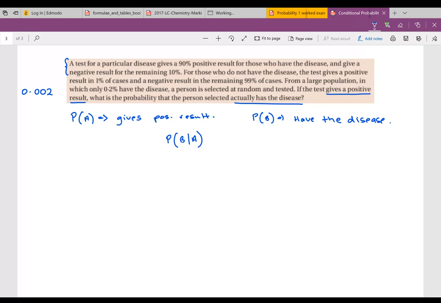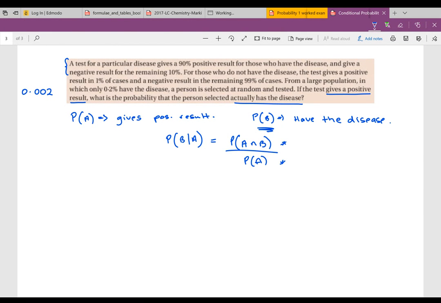So I'm not looking for the probability of B, I'm looking for the probability of B given A, given that there is a positive result. So I don't need to calculate this at all. I need to calculate the probability of A, because the probability of B given A is going to be the probability of A intersection B over the probability of A. So these are the two things that I need to calculate.